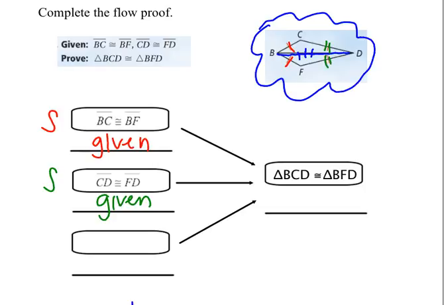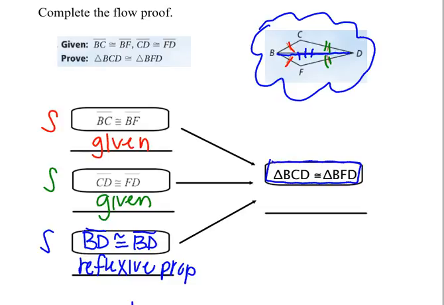Now we're writing in our third side, BD is congruent to BD. By what property is that again? The reflexive property. And there's my third pair of congruent sides. So now we can conclude that these two triangles are congruent by side, side, side.